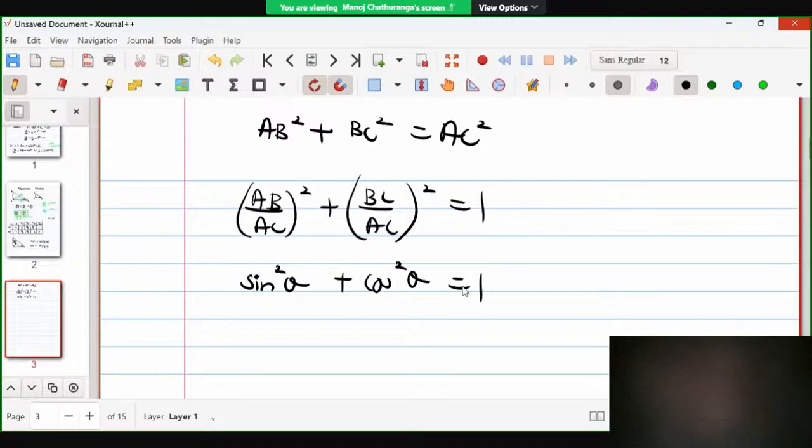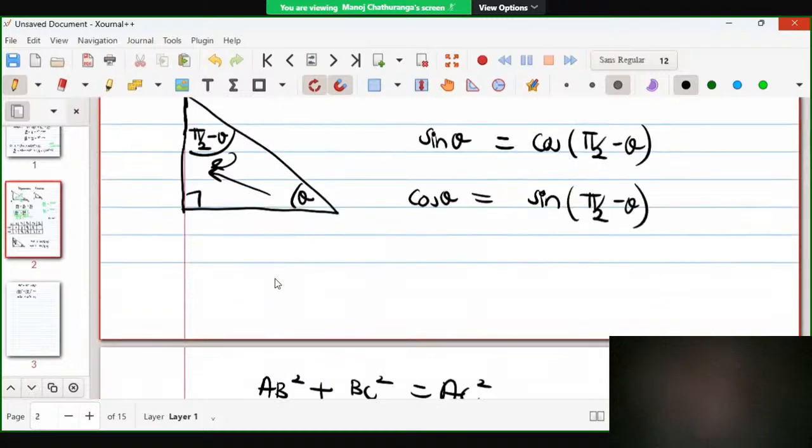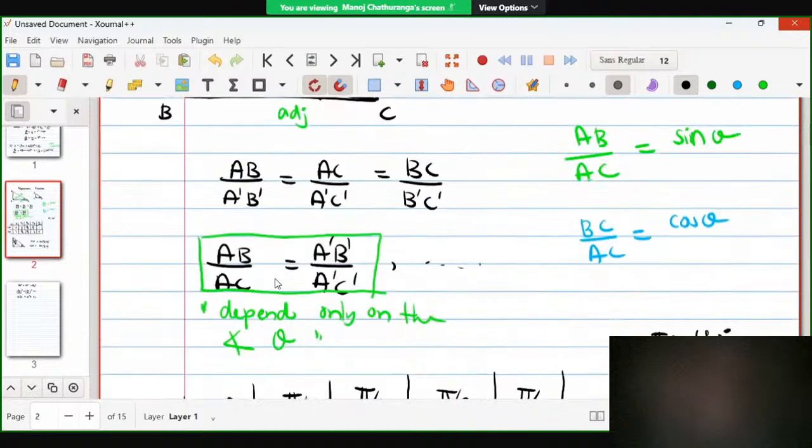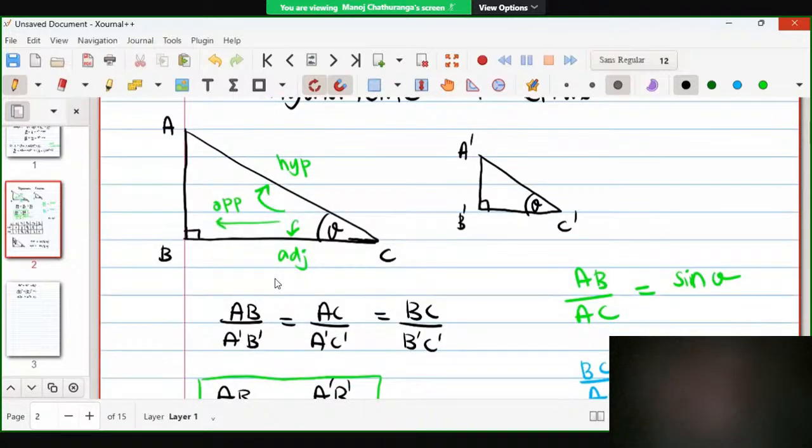So here is another relationship between sine and cosine. But when it comes to a right triangle, for a triangle to exist, theta must be a value between 0 and pi by 2.